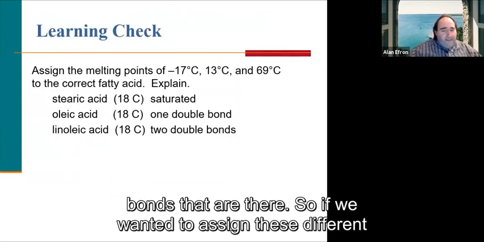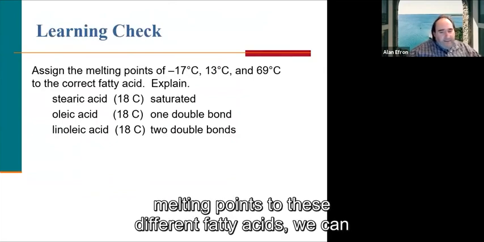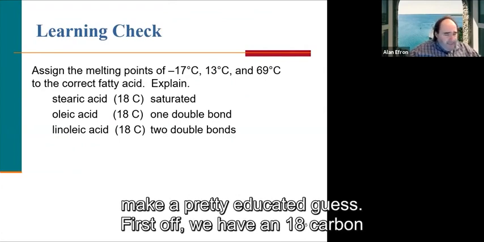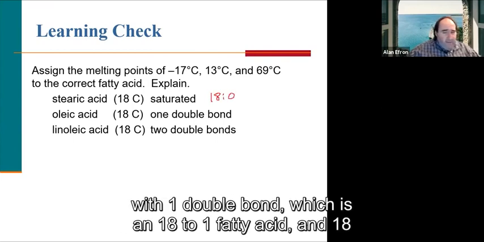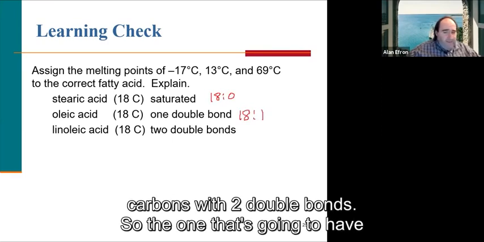So if we wanted to assign these different melting points to these different fatty acids, we can make a pretty educated guess. First off, we have an 18 carbon saturated, which is an 18:0 fatty acid. We have an 18 carbon with 1 double bond, which is an 18:1 fatty acid, and 18 carbons with 2 double bonds.